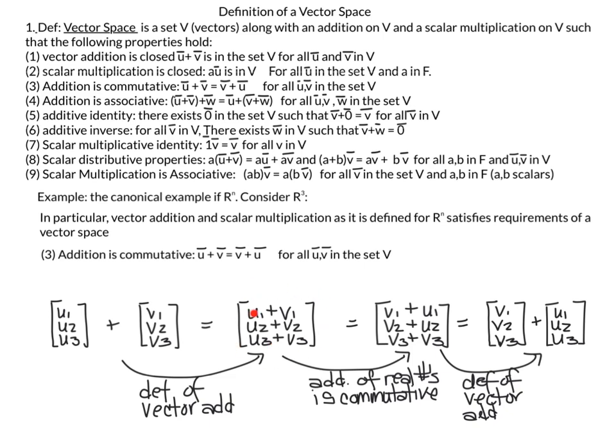Now, the u1, u2, u3, and the v1, v2, v3 are all real numbers, and the addition of real numbers is commutative. So I can switch the order of these, and I get v1 plus u1, v2 plus u2, v3 plus u3. And now using the definition of vector addition backwards, I can separate out my two vectors, where I have v plus u.